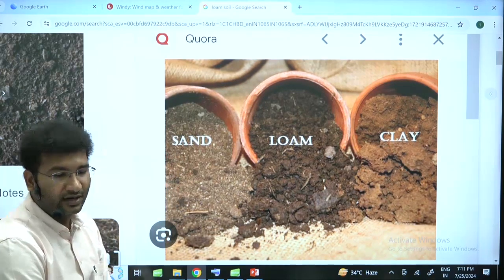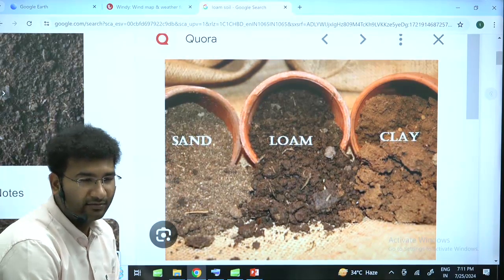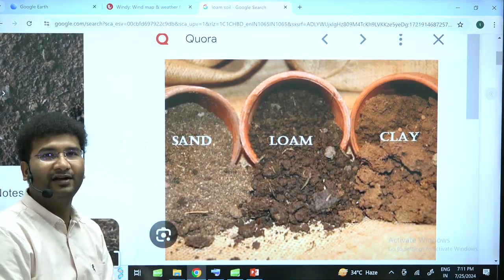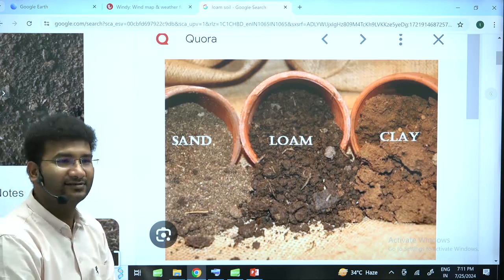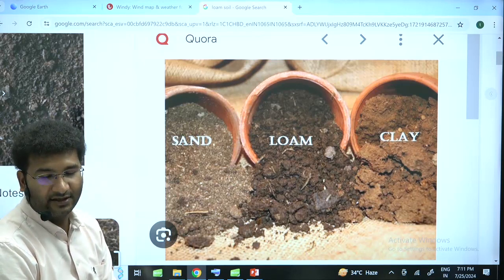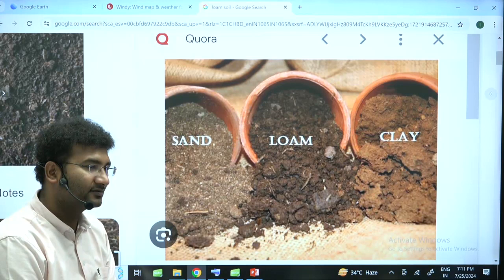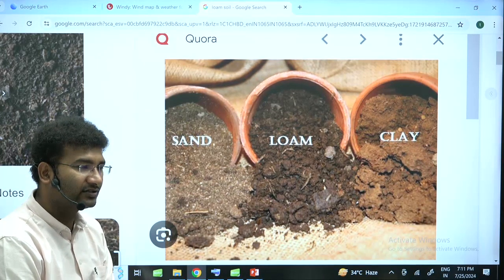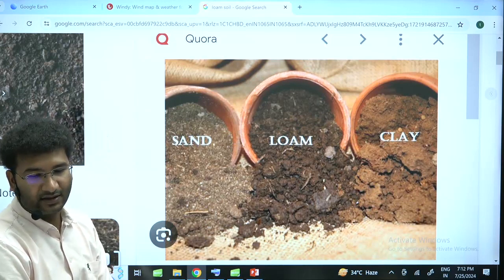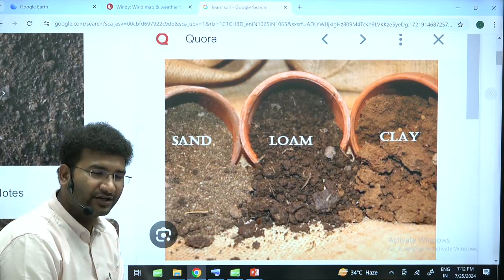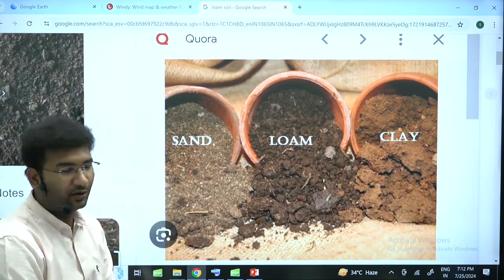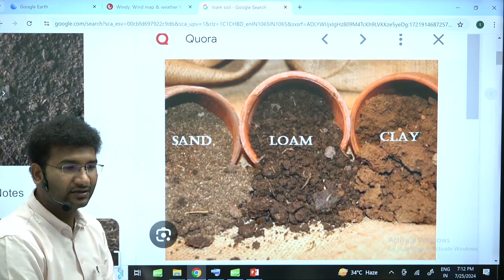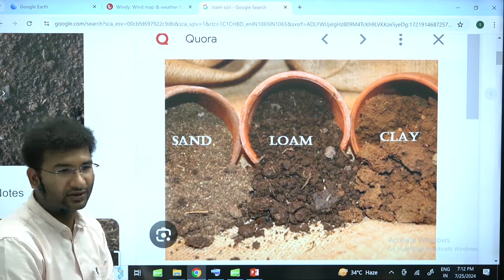Thus, a large quantity of dead organic matter accumulates in these areas. And this gives a rich humus and organic content to the soil.